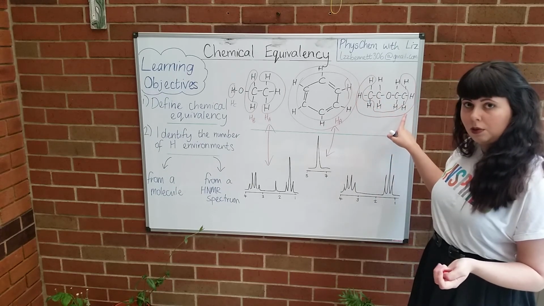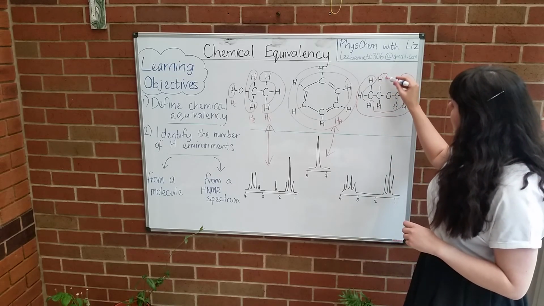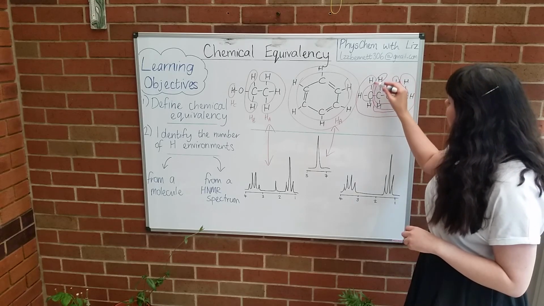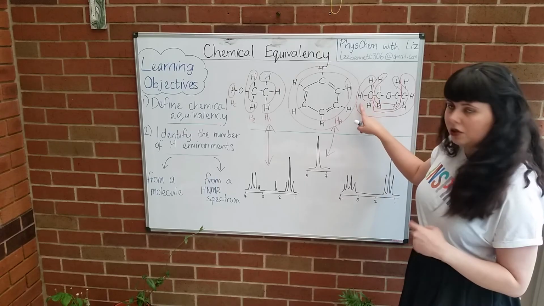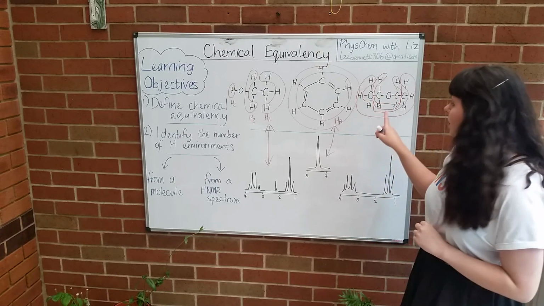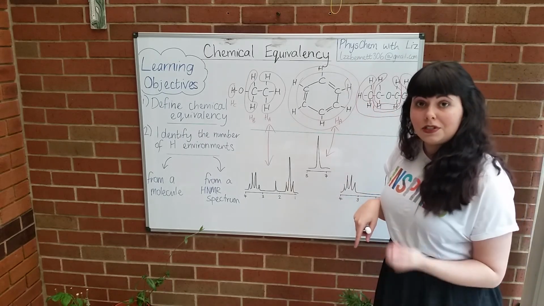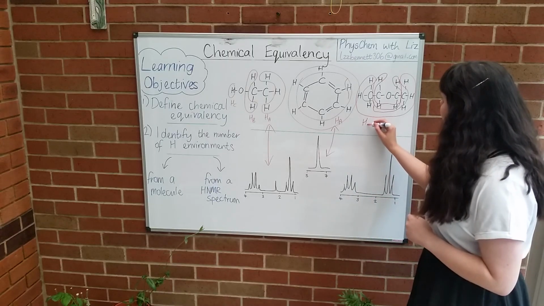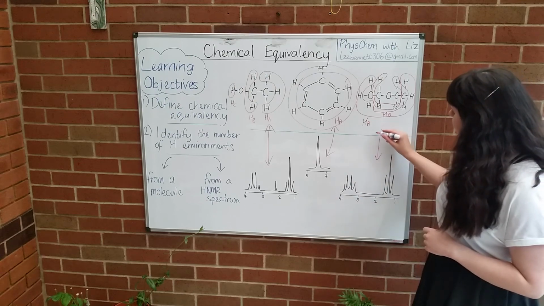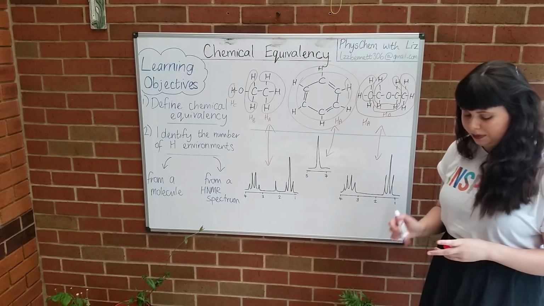That's the same for both of them. So they're in the same environment. Then we've got CH2 protons, and these are chemically equivalent to each other because on one side they've got a CH3 as a neighbour, on the other side they have an oxygen as a neighbour. But they're different from the CH3 protons, because they have different neighbours. So HA, HB. This matches with this spectrum because we've got 2 types of proton environment, 2 lots of signals.